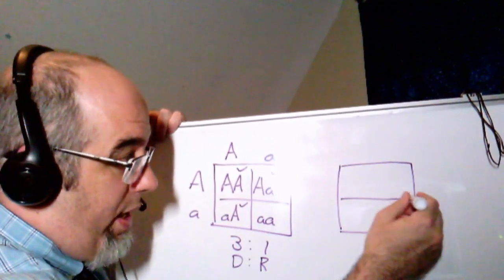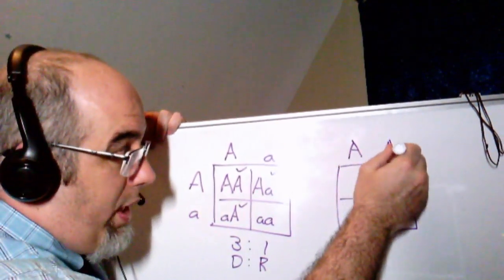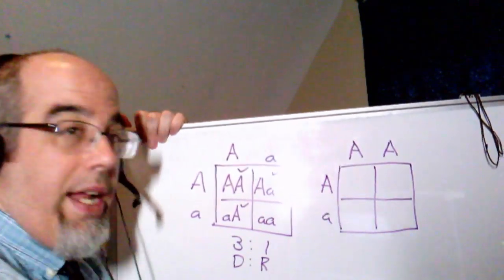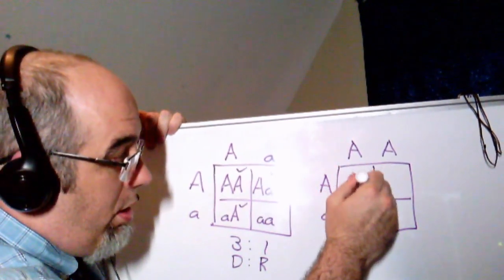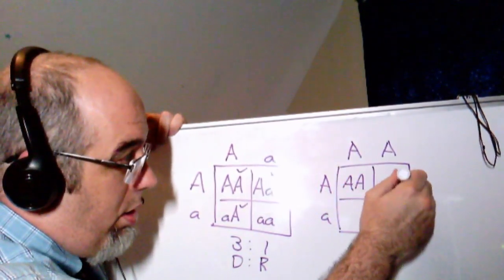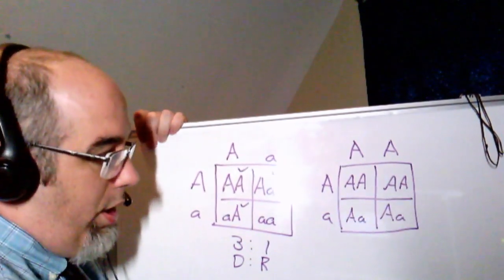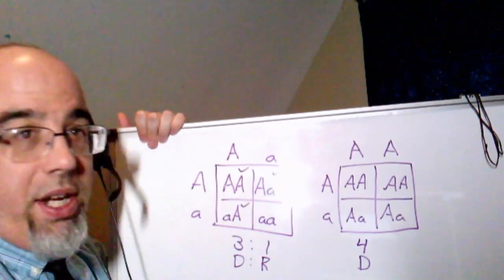Okay, well, let's find out what else it might be. What if this one was homozygous dominant and that parent was heterozygous? If you take a look, this would have all 4 dominant.